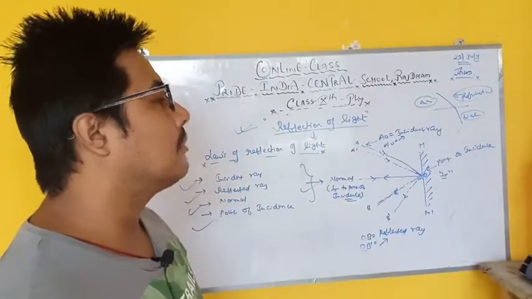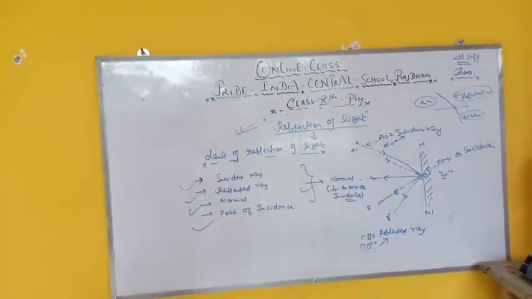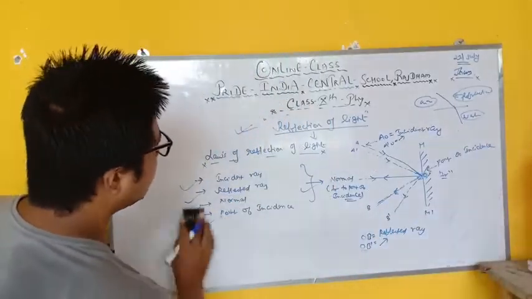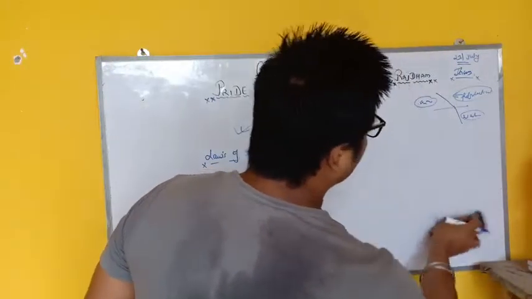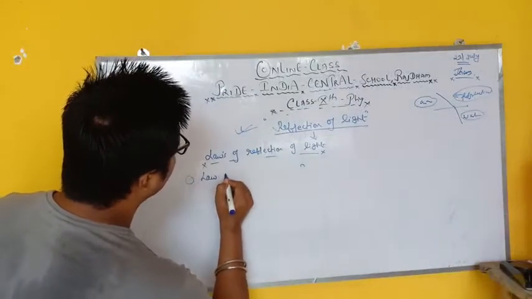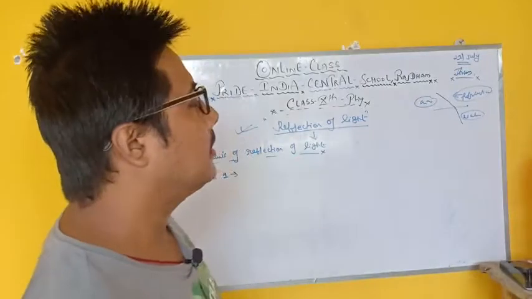So now we will study about the laws of reflection of light. Law number 1. What does it say? The incident ray, the reflected ray, and the normal all lie in the same plane.